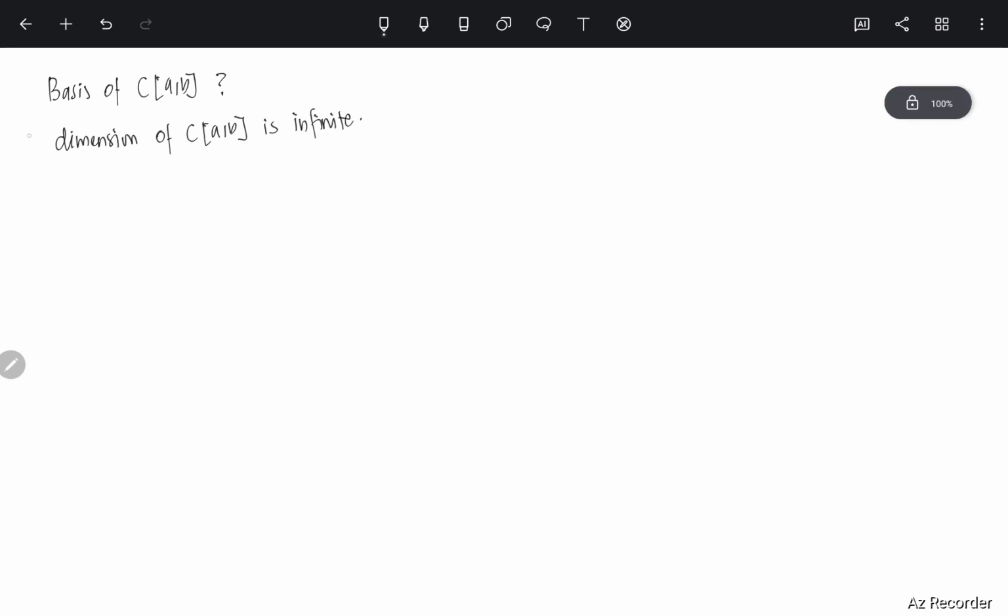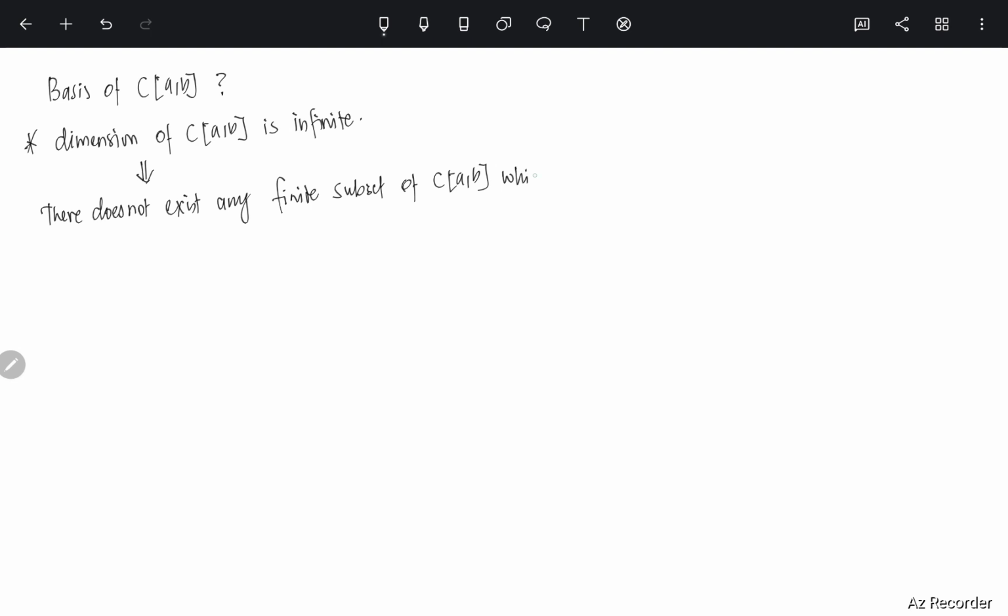Okay, so this question is out of the context for this course, but what I'm trying to say is, what does it mean? It means that there does not exist any finite subset of C[a,b] which is linearly independent.